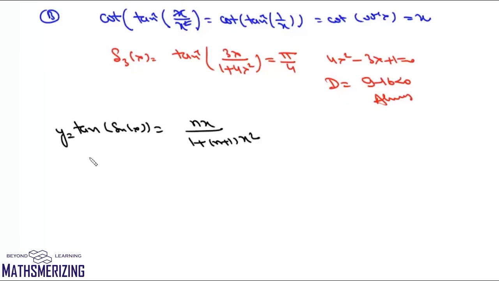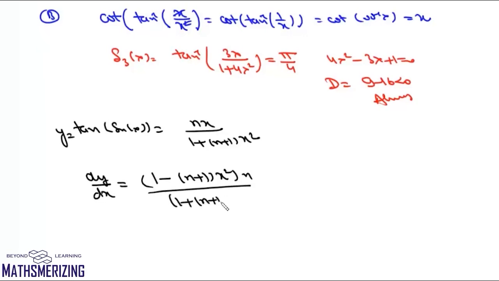Now if we take this as y, and if we differentiate this function, dy by dx will be equal to 1 minus n plus 1 x square into n upon 1 plus n plus 1 x square whole square. So here we'll get one root, which is 1 upon under root of n plus 1. Now this is plus and this is minus.